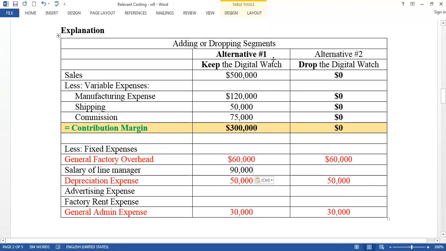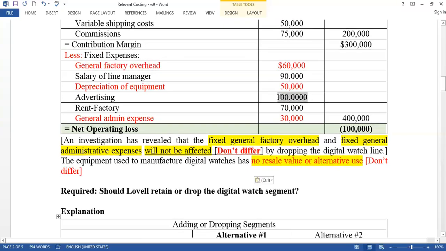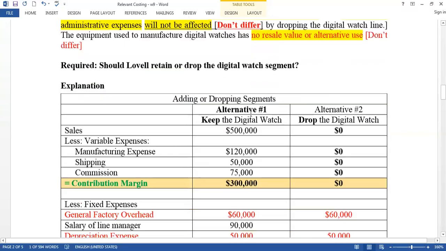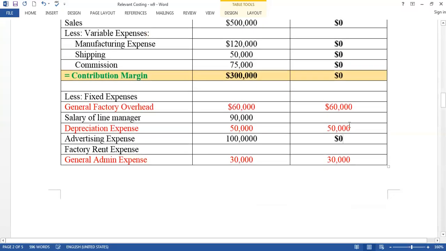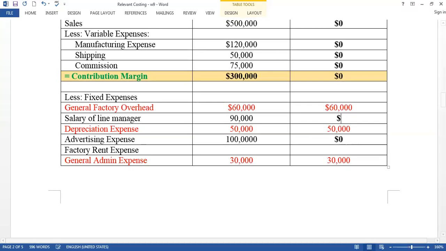You want to keep your product, you want to produce the product. If you produce the product, you have to pay the salary, right? If you want to sell it, you need advertising cost. But if you drop it, you no need any advertising cost. If you drop it, you no need to pay salary.